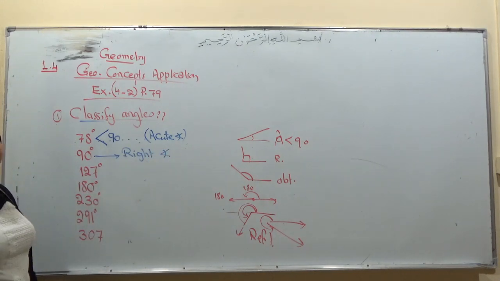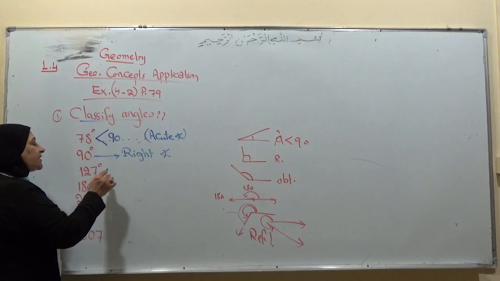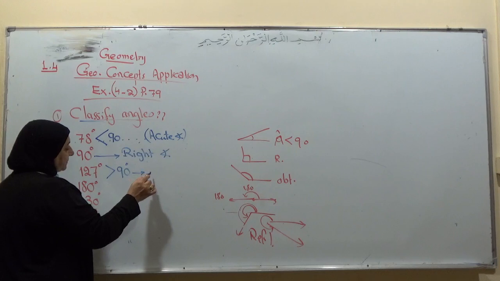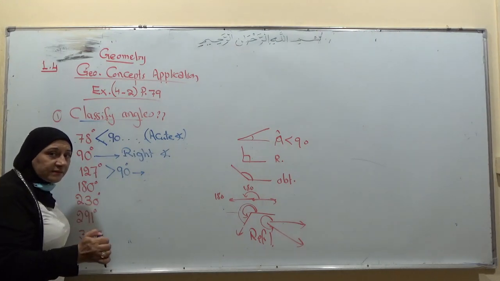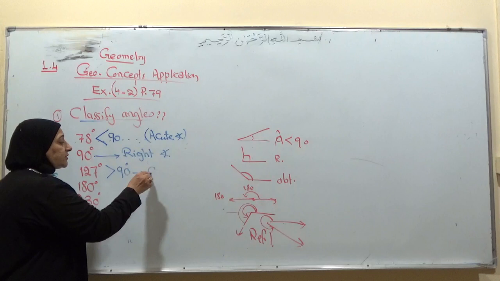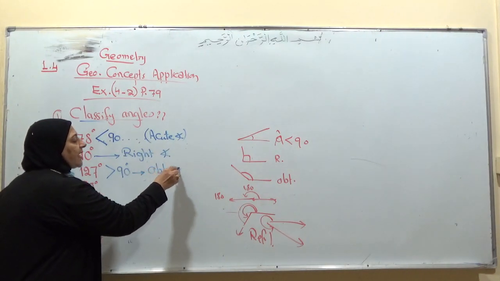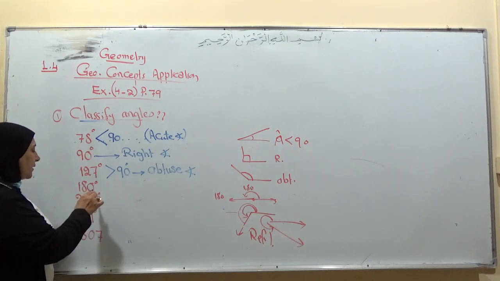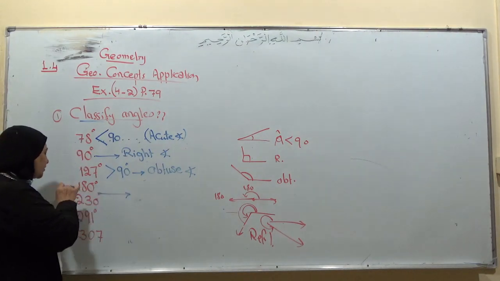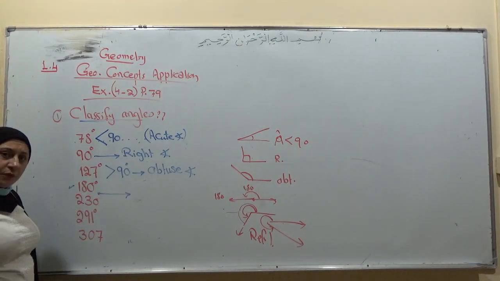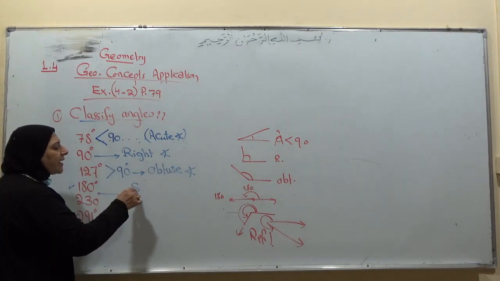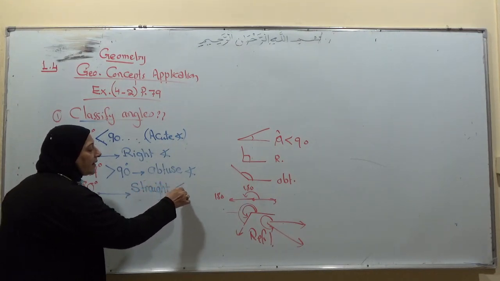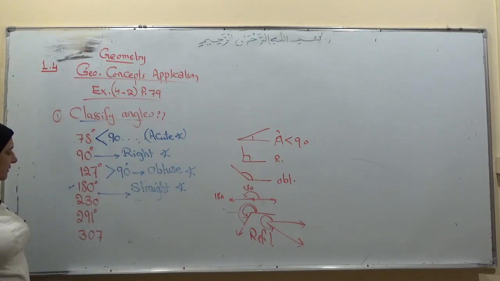If it is more than 90 degrees, then this angle is an obtuse angle. كويس كده؟ This is exactly 180, so this angle is a straight angle. What else? You have also 230. It is more than 180.